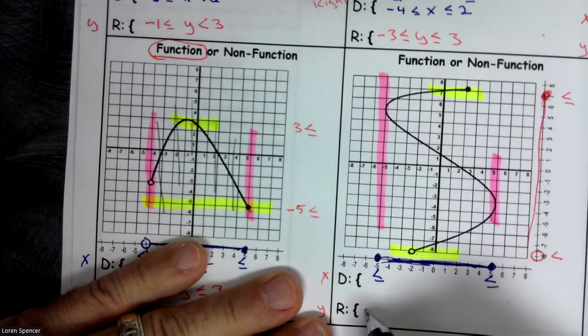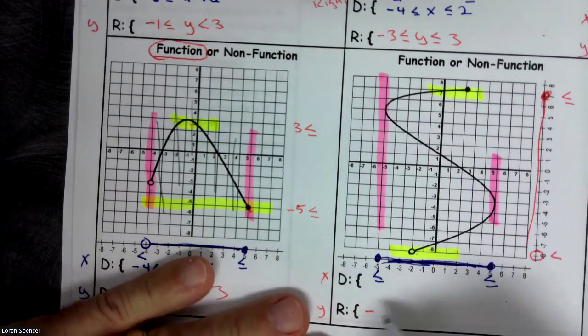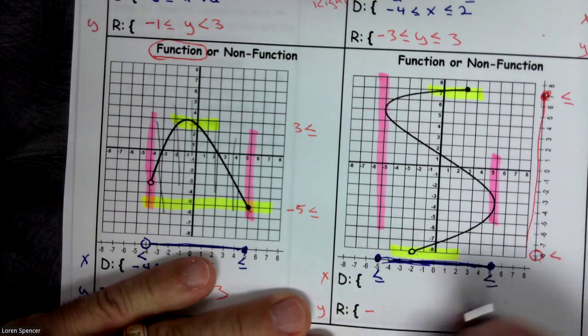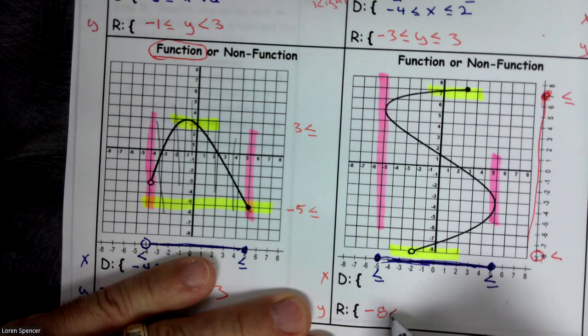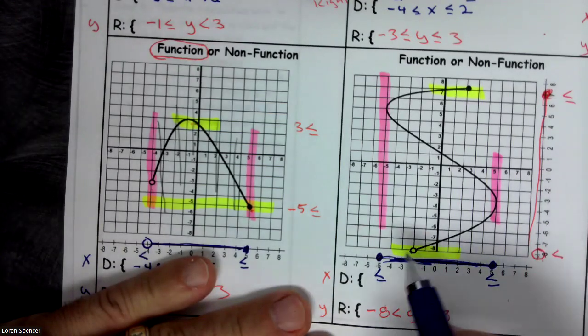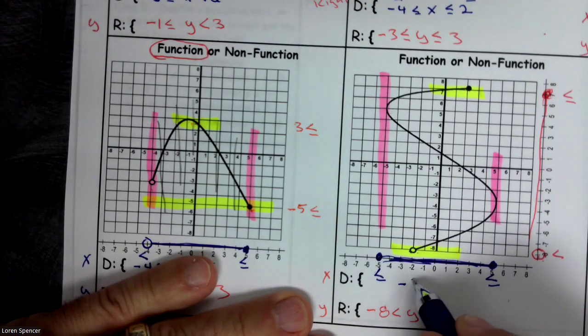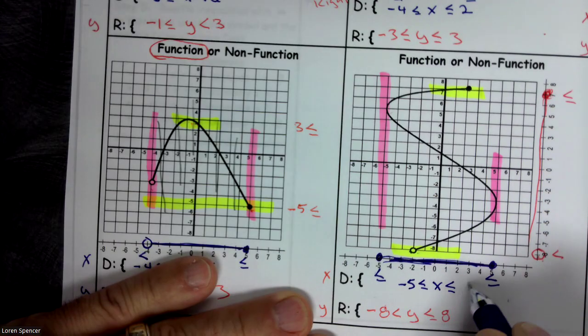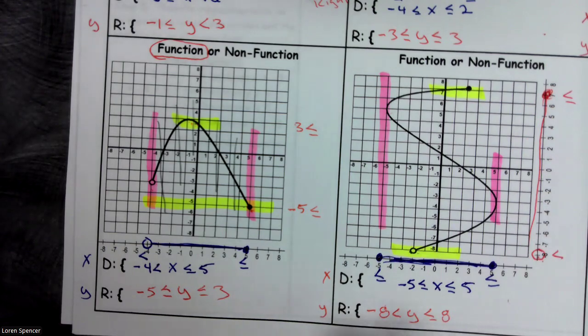In this case, we'll come back and do the domain. -8 less than y less than or equal to +8. Our domain was -5 less than or equal to x less than or equal to 5.